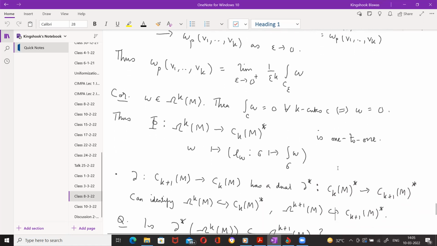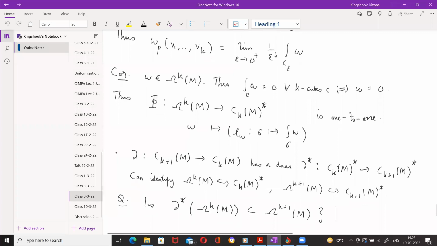So you can think of this as saying that I have a linear map phi from the space of k forms, omega k of M, to the dual of the space of k chains. Omega maps to the linear functional on k chains which sends a k chain sigma to the integral of omega over sigma. Right. So this linear map is one-to-one because its kernel is 0.